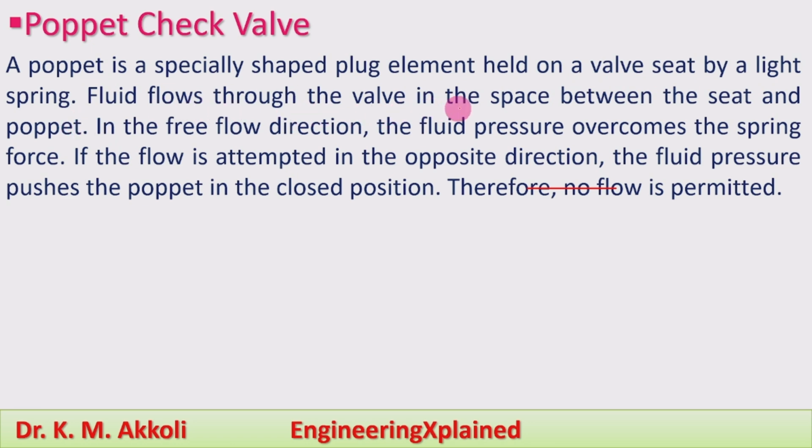Fluid flows through the valve in the space between the seat and the poppet. In the free flow direction, the fluid pressure overcomes the spring force. If flow is attempted in the opposite direction, then the fluid pressure pushes the poppet into the closed position. Therefore, no flow is permitted.